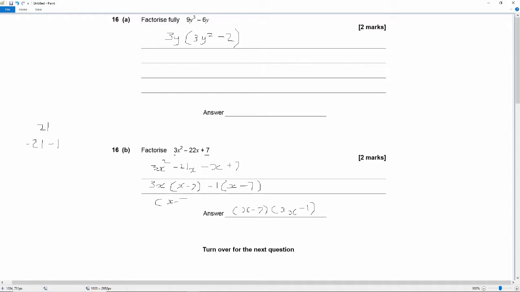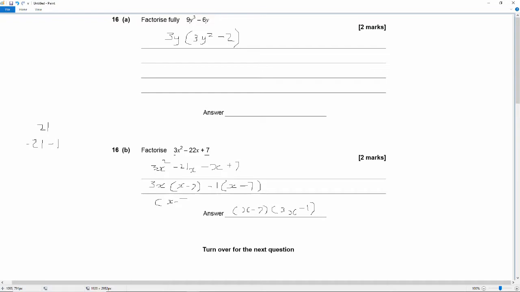Okay, I just want to give a word of warning here. It's sometimes tempting when you see these quadratic expressions to think of them as quadratic equations and to go on and try and solve it. Well, you can't solve it because it doesn't equal anything.